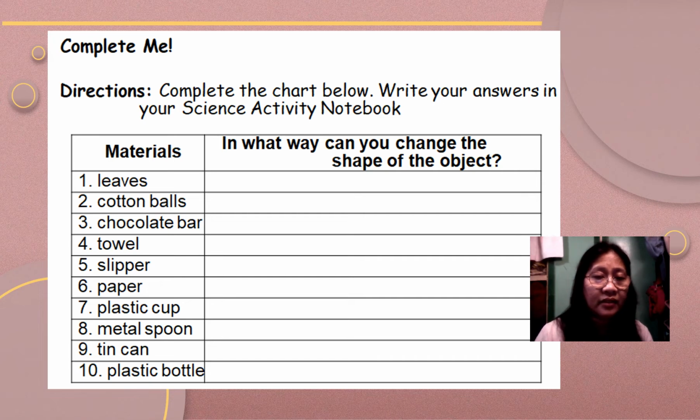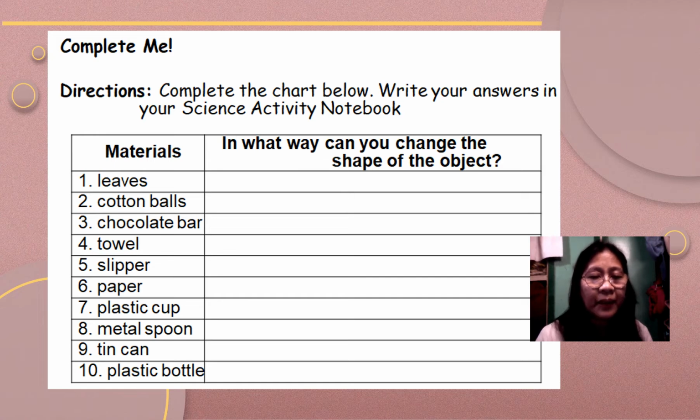So the materials are, number 1, leaves. So what will you do to the leaves? Or what force will you apply to the leaves to change its shape? Number 2 is cotton balls. Number 3, chocolate bar. Number 4, towel. Number 5, slipper. Number 6, paper.